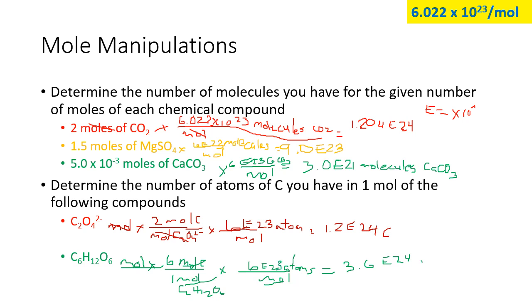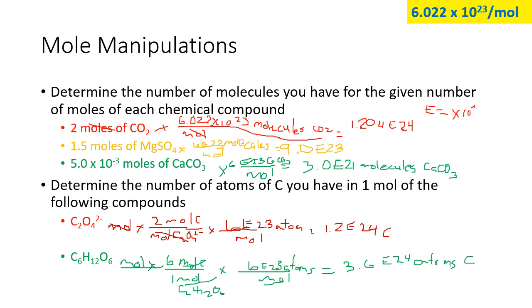All right, so that's the number of atoms of carbon. All right, so hopefully that wasn't too painful. We're really just using dimensional analysis to get from A to B, but we have to remember both the definition of Avogadro's number and the fact that we can flip it whenever we want to. And we also need to remember how the law of multiple proportions works.